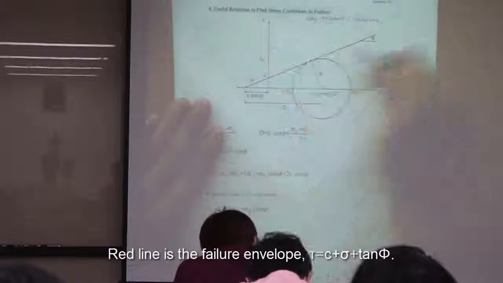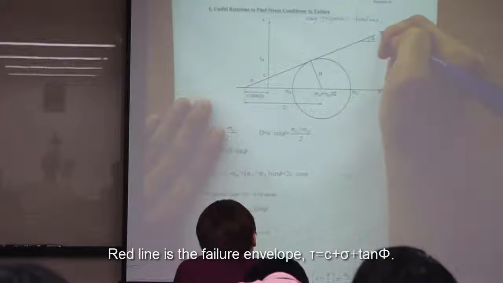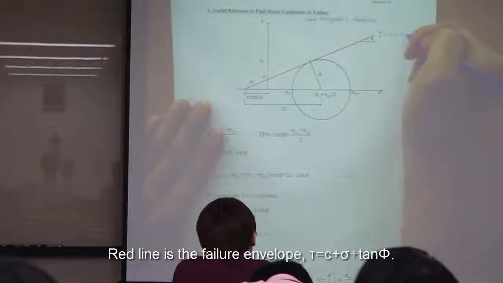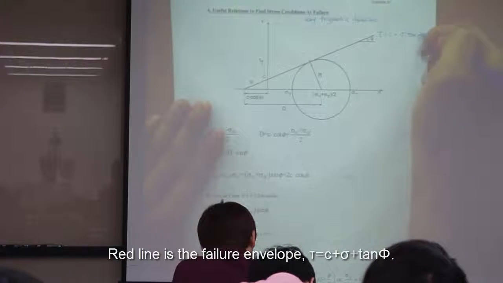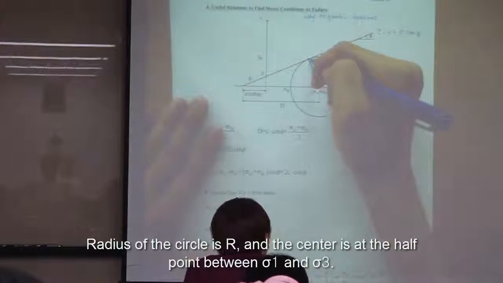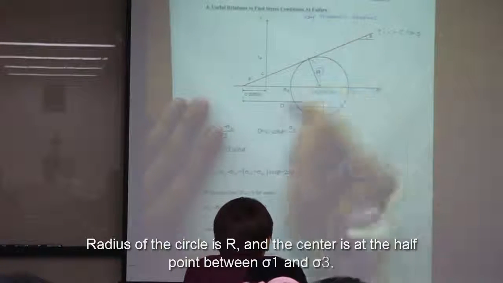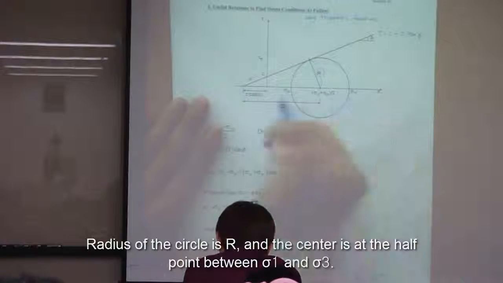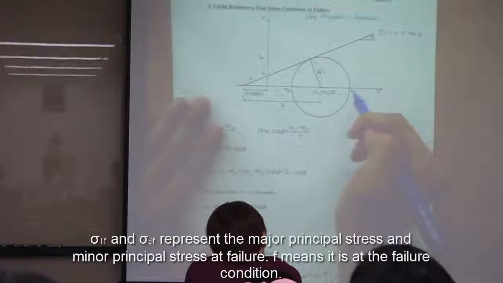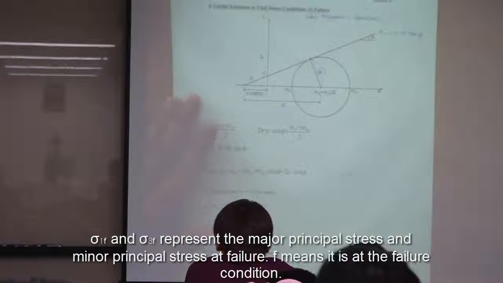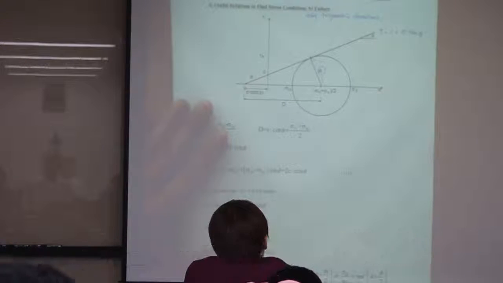So the red line is the failure envelope, as you can see, and the failure envelope is tau equals c plus sigma times tangent phi. And the radius of the circle is R, and the center is at the midpoint between the sigma 1 and the sigma 3. So sigma 1f and sigma 3f represent the major principal stress and the minor principal stress at failure. The f means that it is at the failure condition.